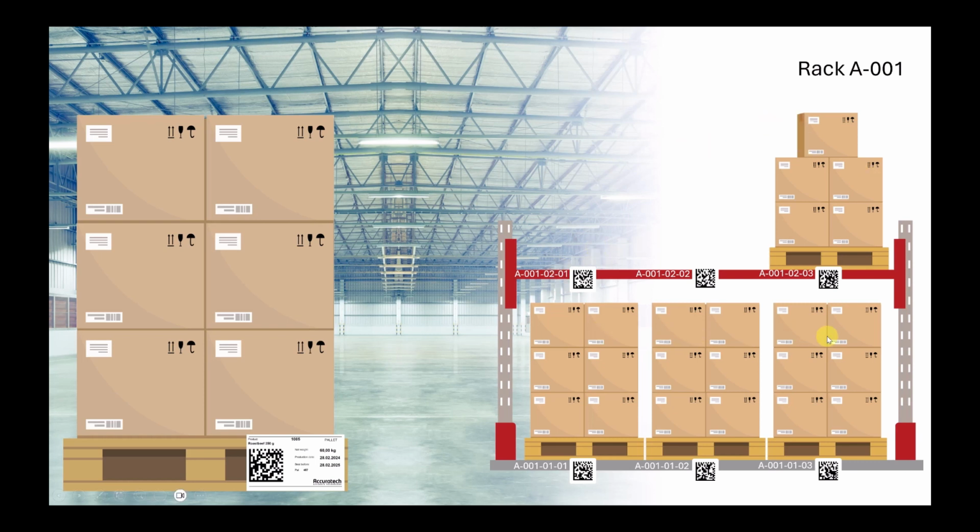Here I have a department where you can see I have the different numbers for each pallet place, and I also have a QR code or a DataMatrix code for each pallet place. So this DataMatrix represents this location and dimension. And now I have this pallet which I want to move to this spot here.